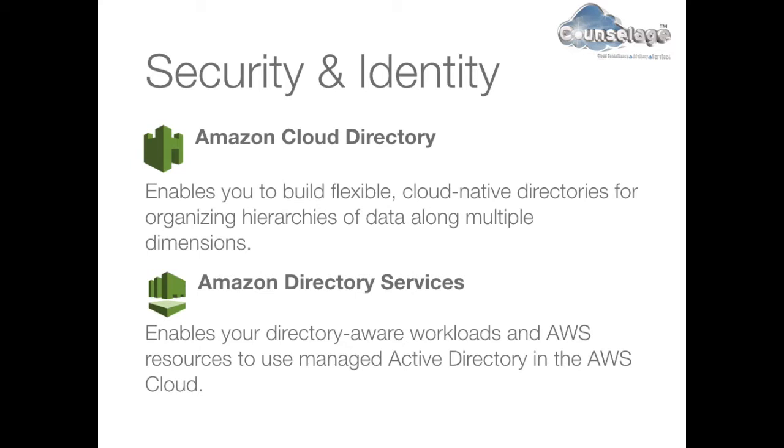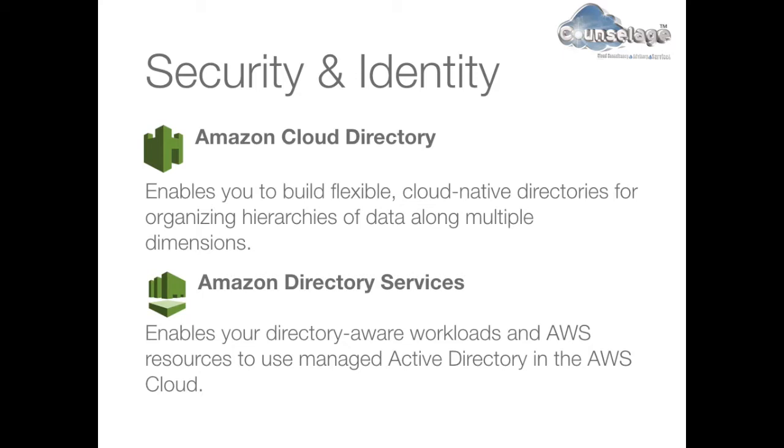shared with multiple applications. Another service, which is called Directory Service for Microsoft Active Directory, also known as AWS Microsoft AD, enables your directory-aware workloads and AWS resources to use managed Active Directory in the AWS cloud. So the AWS Microsoft AD service is built on actual Microsoft Active Directory and does not require you to synchronize or replicate data from your existing Active Directory to the cloud.